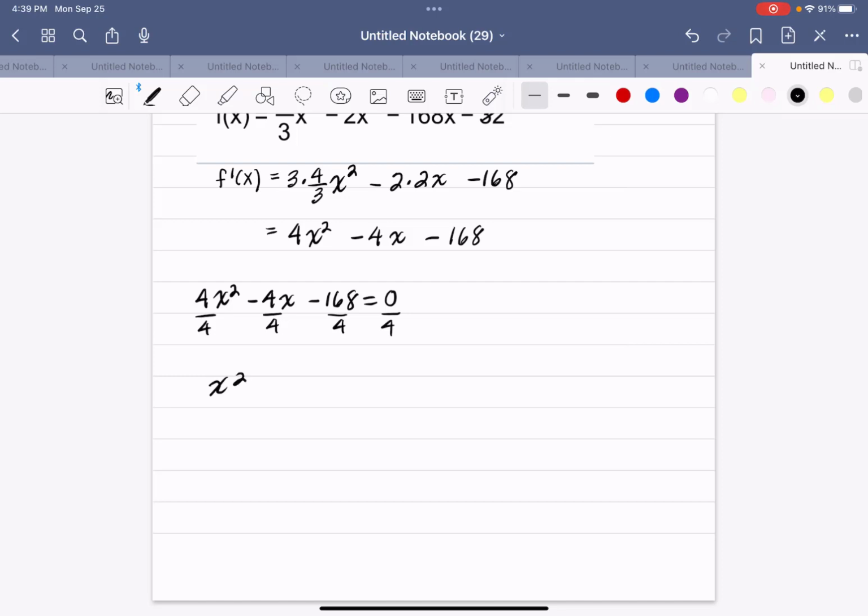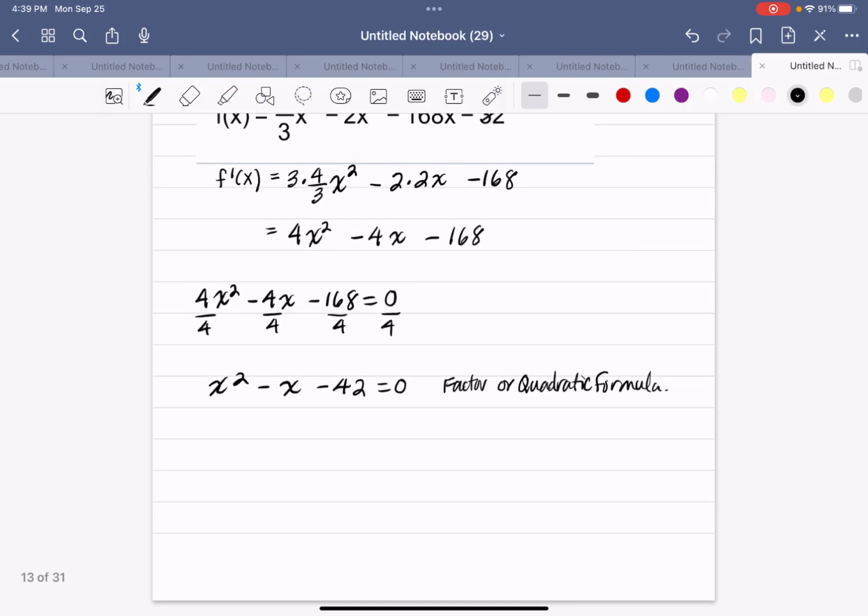So I'll get x squared minus x minus 42 equals 0. So I have 2 choices here. I can factor, or I can use the quadratic formula. And I always recommend factoring if possible. And in most cases, it's going to be possible in this class.